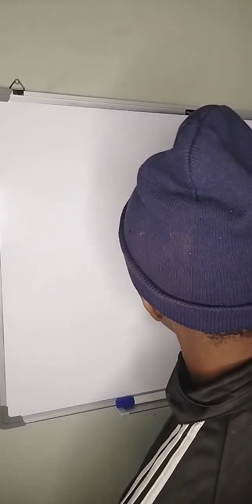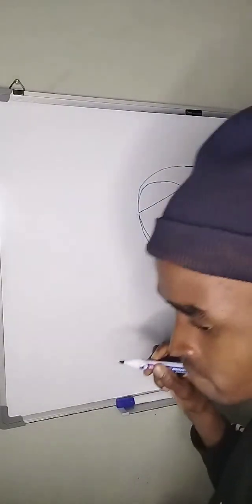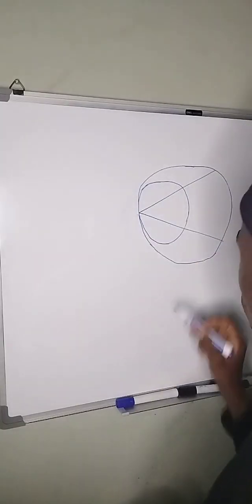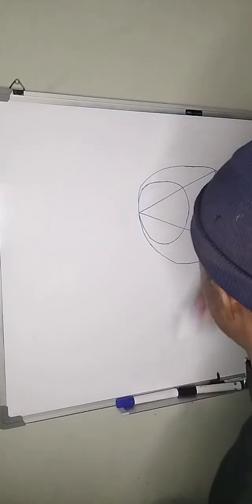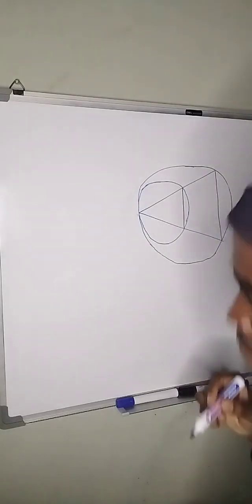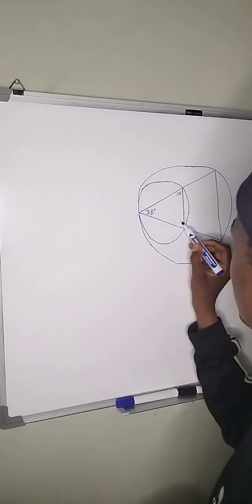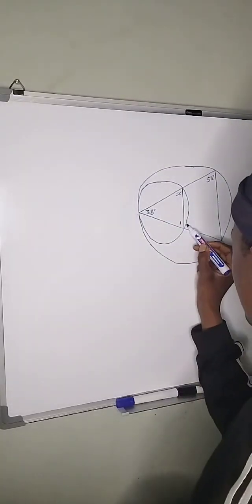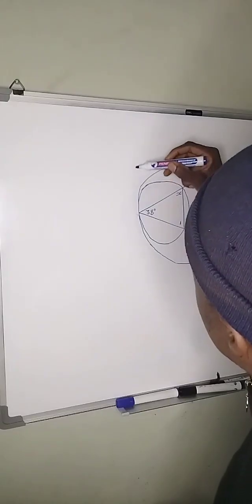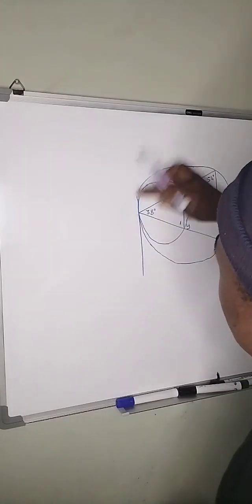Guys, you'll forgive me. Then we're going to have x, we're going to have y, we're going to have 54 degrees, and we're going to have y, and we are going to have a tangent.